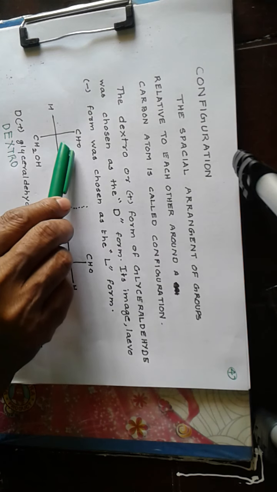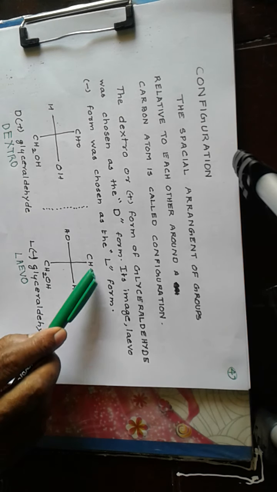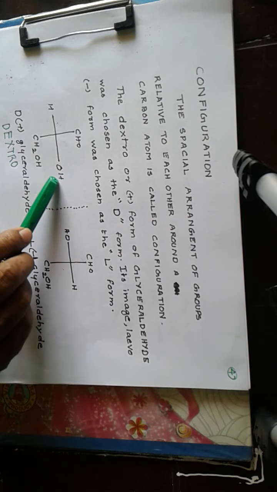And any derivative of D plus glyceraldehyde has the D configuration, we say. Suppose this CHO group is oxidized to COOH, then the corresponding acid has D configuration. Suppose the OH group here is replaced by bromine, then the corresponding compound will have D configuration, but it need not be plus rotation.